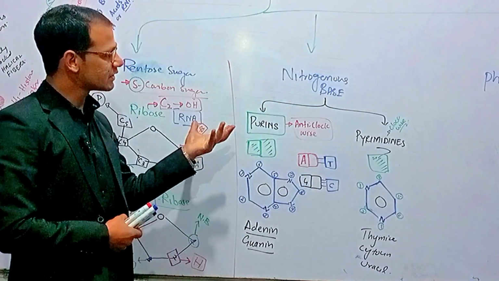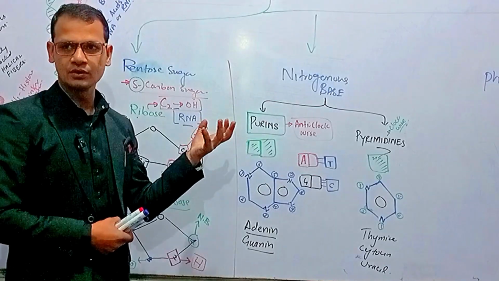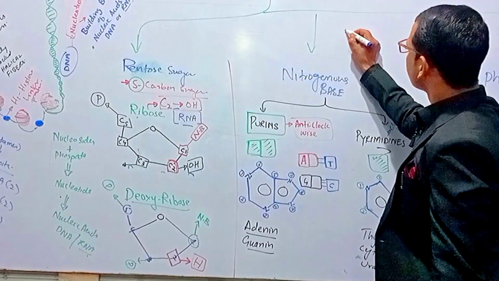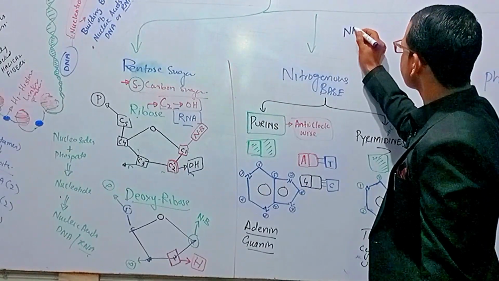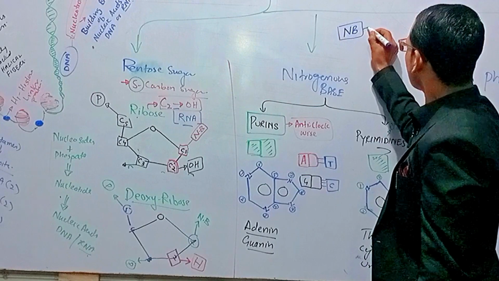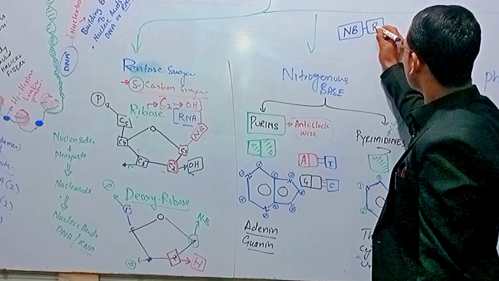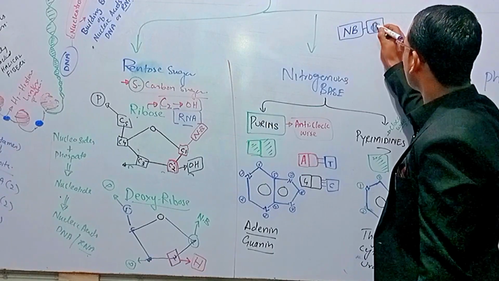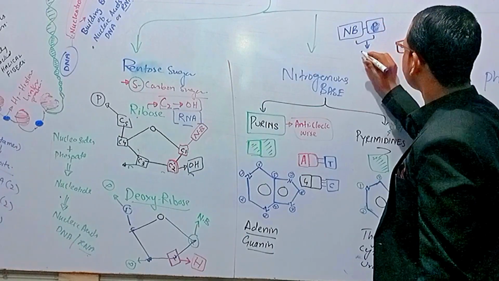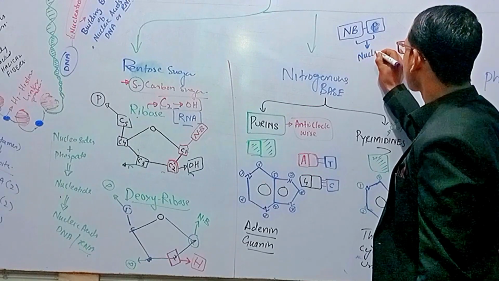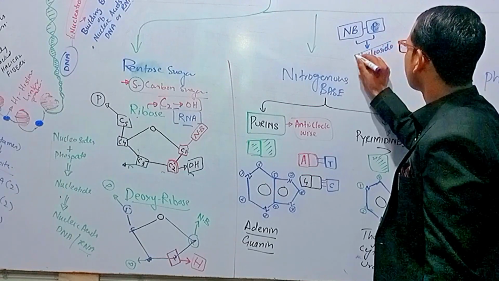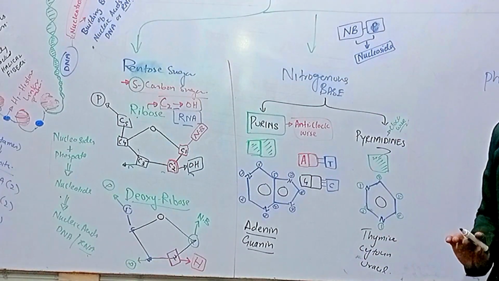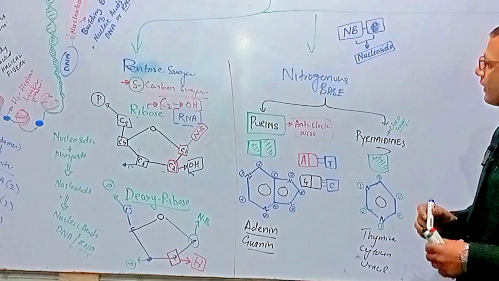But now, what is a nucleoside? If we attach the nitrogenous base to ribose or deoxyribose, a pentose sugar, it will form a nucleoside. Here phosphate is not present yet.